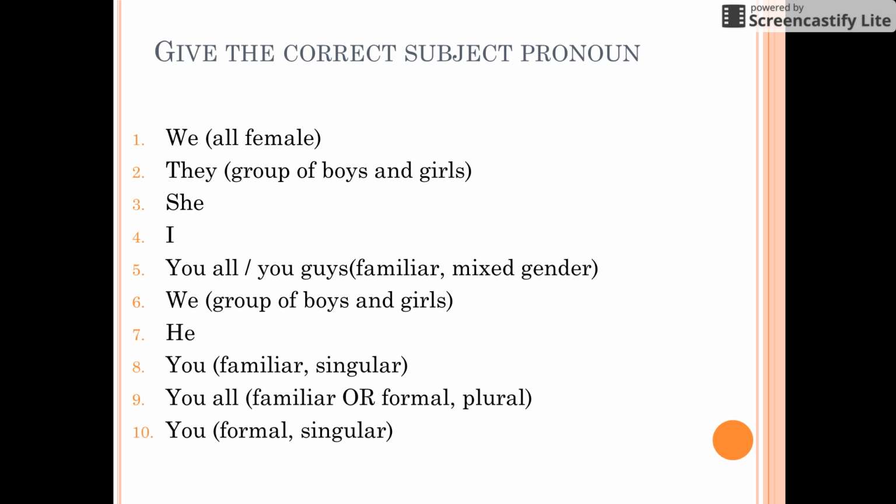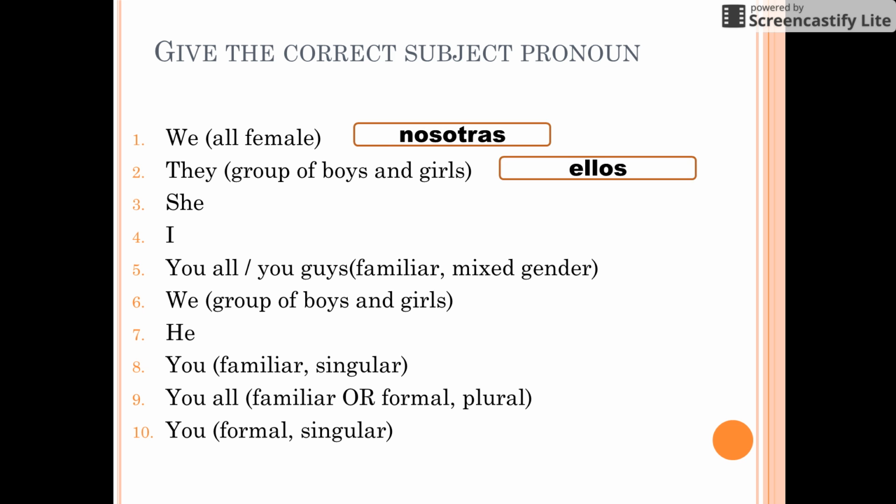Now that you've had a chance to write out all these in Spanish, let's see if you had them correct. Number one, número uno, we, all female, you should have had nosotras. Número dos, ellos. Número tres, ella. Número cuatro, yo.